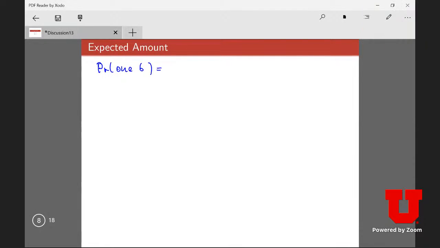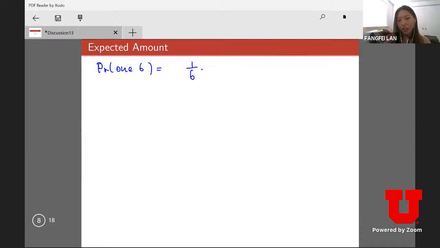One 6 means you roll a 6 once in one roll, right? How do you roll one 6 in three rolls?